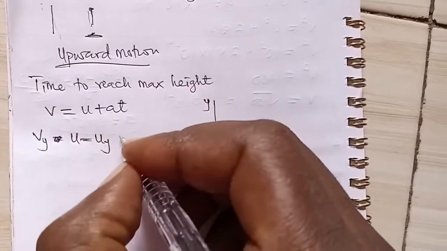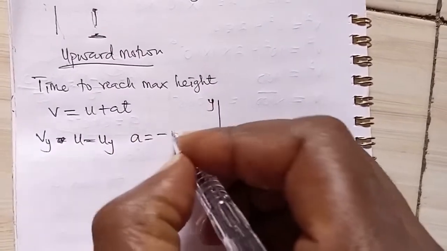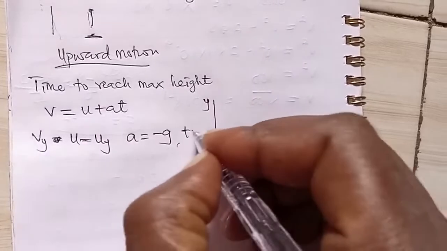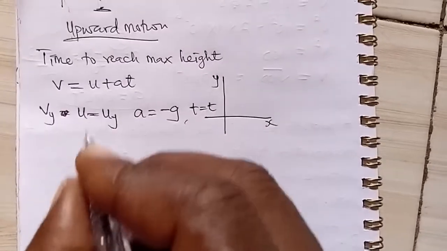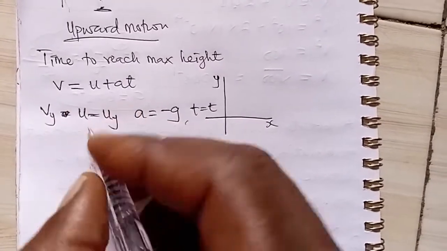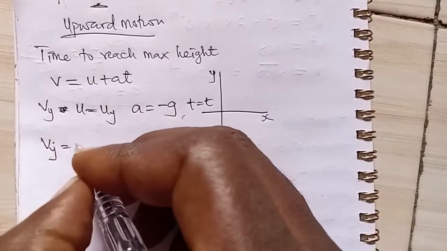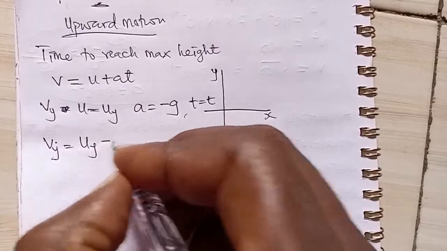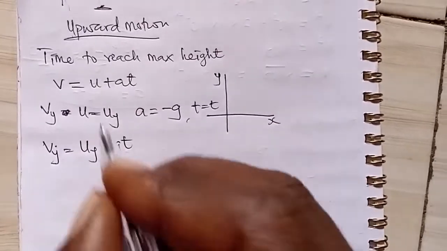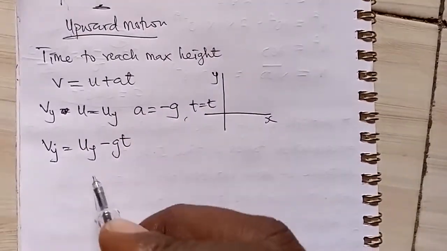And we're going to use a as negative g, and we're going to use t as still t. So because of that, we can rewrite this equation as vy equal to uy minus gt.